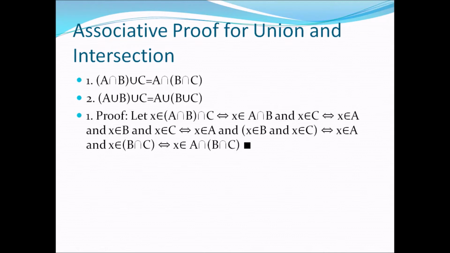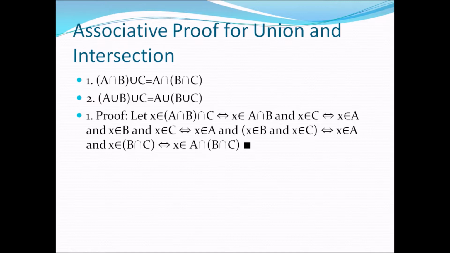So proof for the first one, we let X be in A intersect B intersect C. So it follows that X is in A intersect B and X is in C. And it follows X is in A and X is in B and X is in C, which follows that X is in A and X is in B intersect C, so it follows that X is in A intersect B intersect C. So pretty simple proof, and the reason I have these double arrows here is because these implications go both ways.